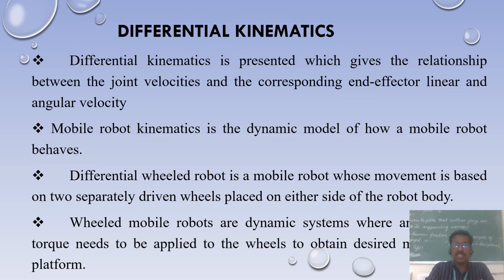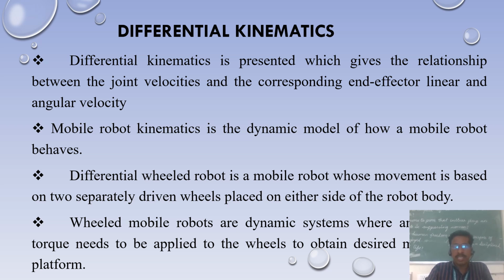So, differential kinematics. This tells the joint velocities of a robotic system. Also it tells how a mobile robot behaves, how far it is used and how far it works to give a clear output for the input data.